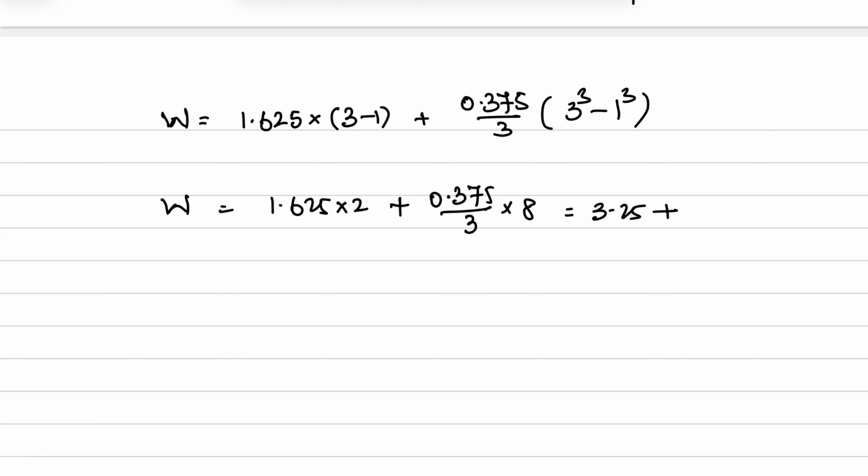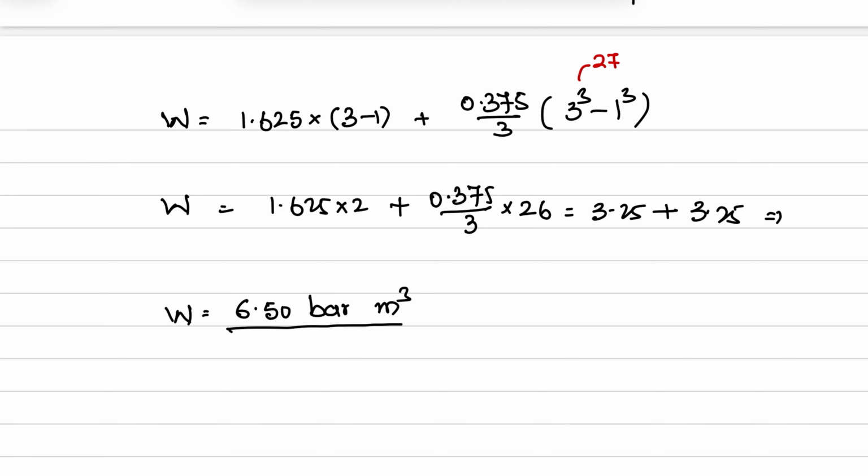Sorry, I made a mistake here. It is not 8, 3 cube is 27. It will be 26. This is also 3.25. That implies work done by the system is equal to 6.50 bar cubic meter.